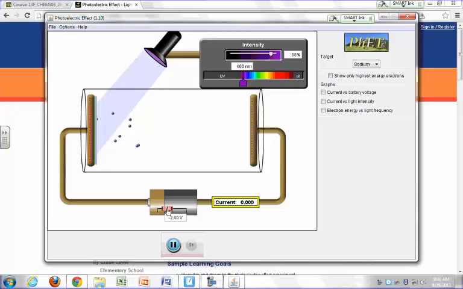To determine the maximum kinetic energy of the electron at this wavelength, which is 400 nanometers, I need to find the minimum opposing voltage, the least negative opposing voltage that will just barely keep the electrons from making it. So I can try negative 0.5. Can they still make it? No, they can't make it anymore. And there's still some that make it.